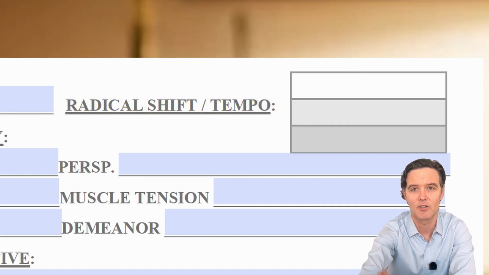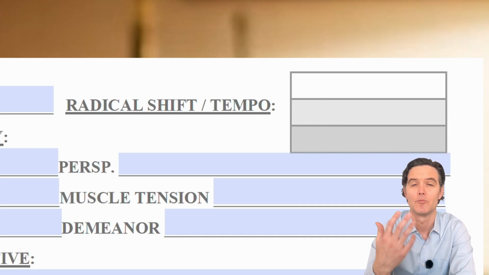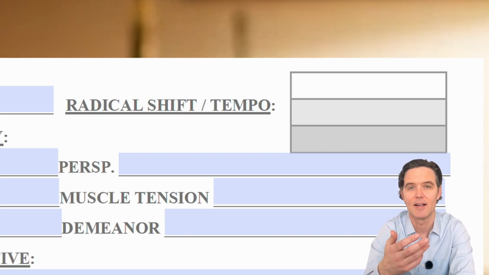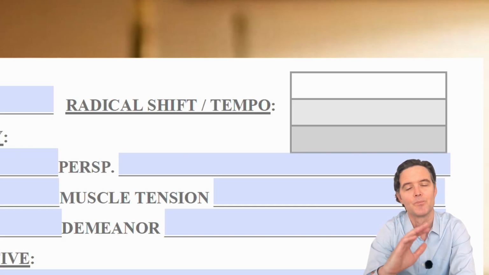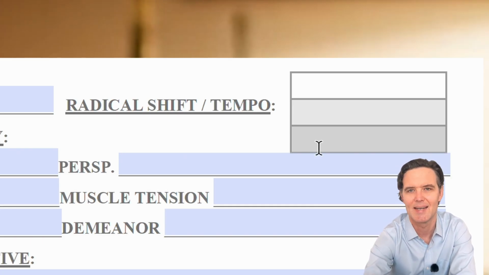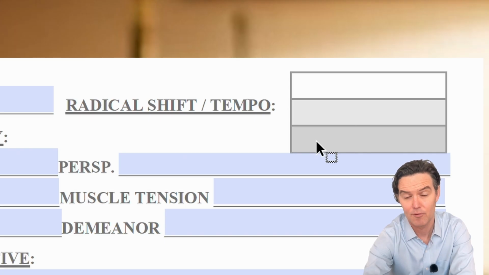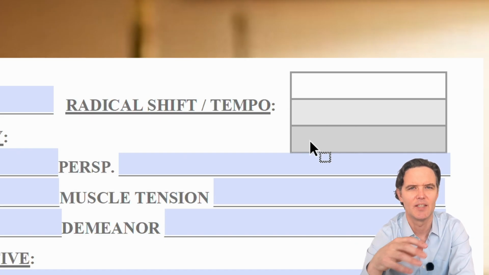So as you can see in radical shift in tempo, I have 3 boxes. The lowest is what I will call just slow, middle is medium, top is fast. You can get really clever with this and give it the names that musicians use in their symphonies, piano for very slow, that kind of thing. All I do is put in dots from left to right of what I want the speed of my scene to be.